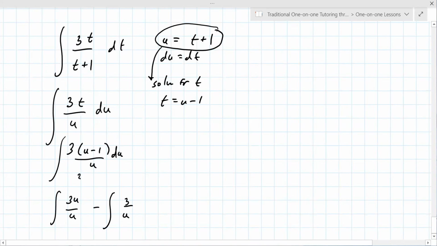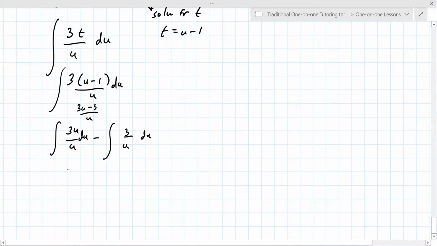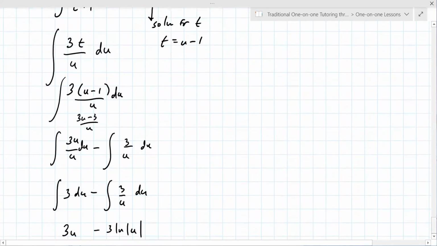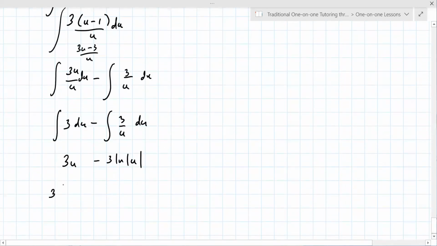And then on the left here, it just becomes the integral of 3 minus the integral of 3 over u du. So this is 3u minus 3 natural log absolute value of u. And then you can back substitute your t plus 1 in here. So it's 3 times t plus 1 minus 3 natural log absolute value t plus 1.